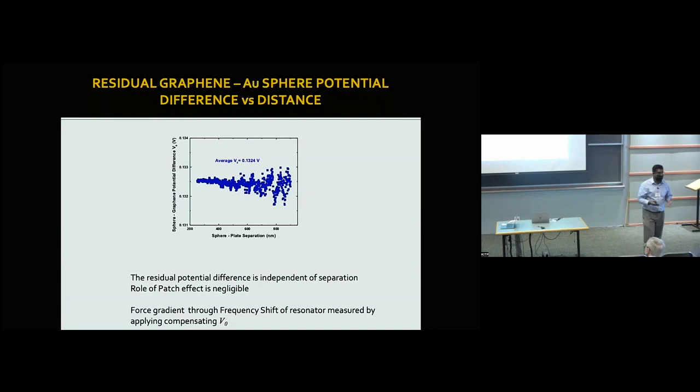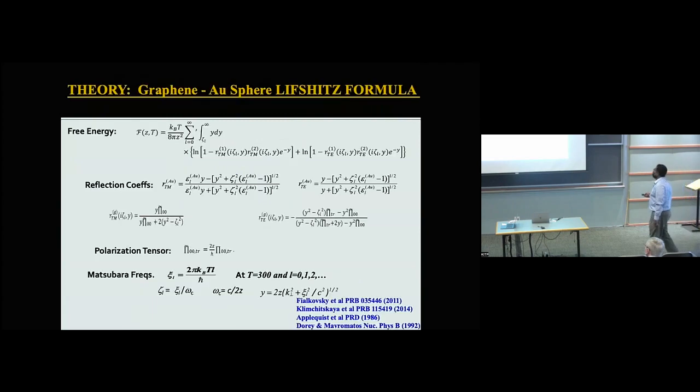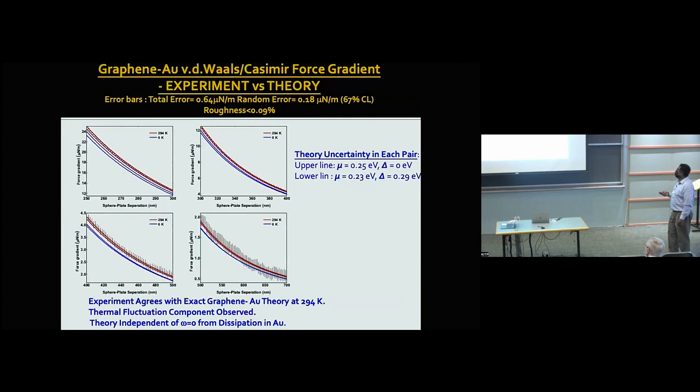Otherwise, you can't do the experiments because you can't subtract out any electrostatic effects with high precision. And Galina has already covered this. We use a polarization tensor approach, which Galina talked about already, to compare theory and experiment. And here are the results.